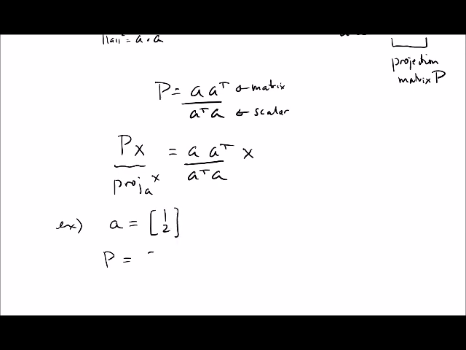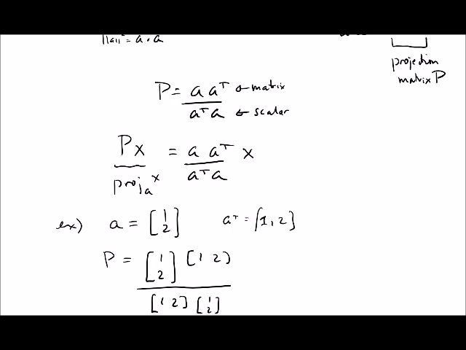So if you look at what P is, it's 1, 2 times A transpose, which is 1, 2 like that, divided by 1, 2 times 1, 2 like this.